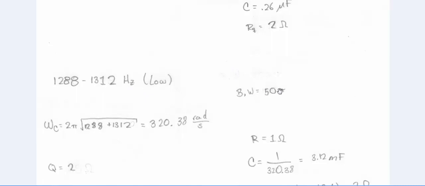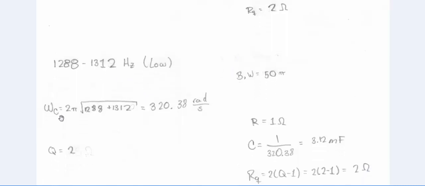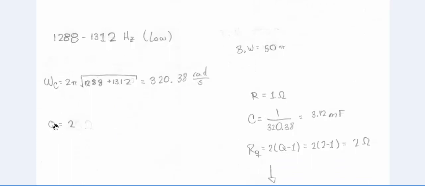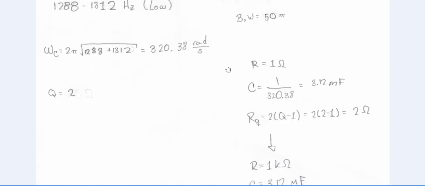We get that we have a bandwidth of the same, and our cutoff frequency now it's 320. We have a quality factor of 2 also, and we start designing. So we said that our resistance is 1, then the capacitance is 1 over the cutoff frequency, as I said before. In this case it does see the value.